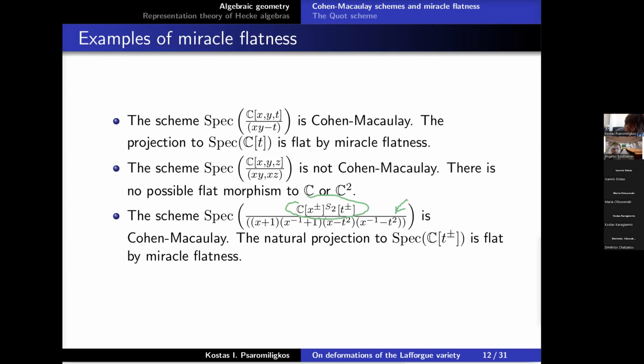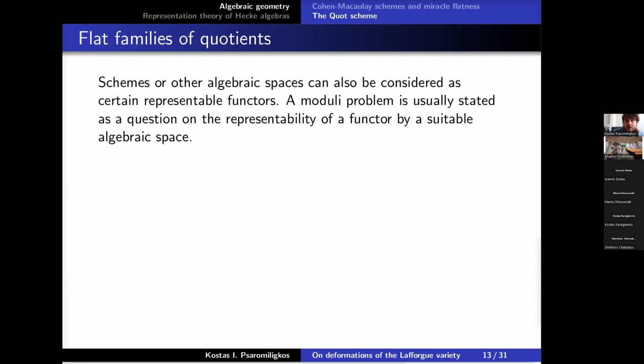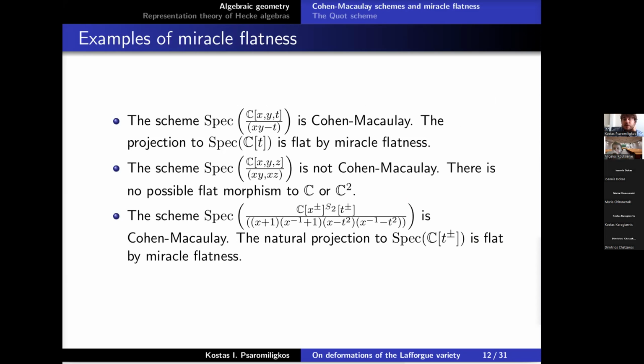If you take the projection of that to the affine line minus a point, it will turn out to be flat by miracle flatness. We will see more on this next time. Any questions on this part of the talk?